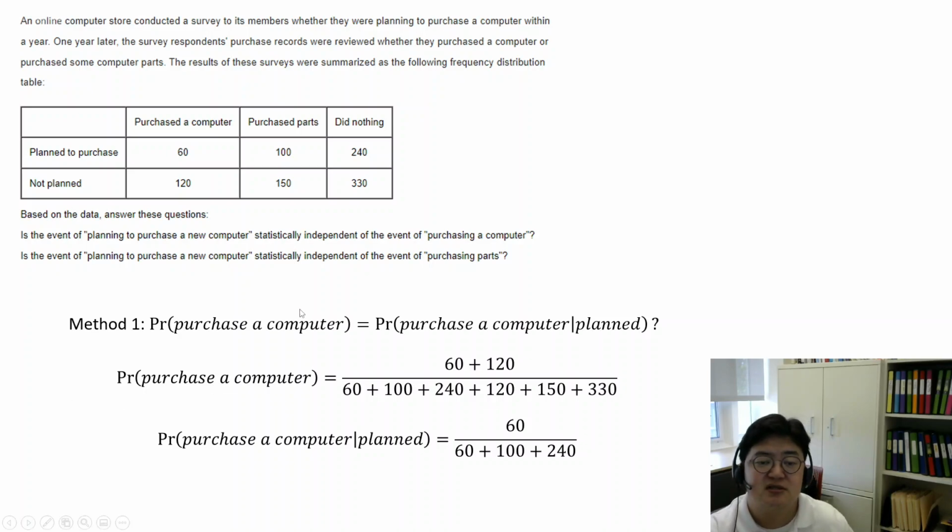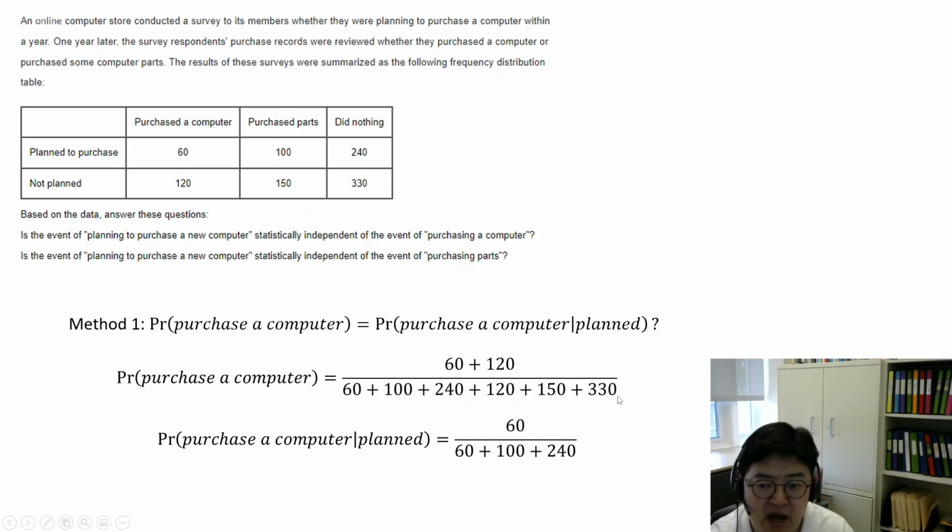Okay, so I will calculate those two probabilities and then check if they are equal. It's easy. First, unconditional probability. Unconditional probability of purchasing a computer is out of the total number, summing all the numbers, all the observations.